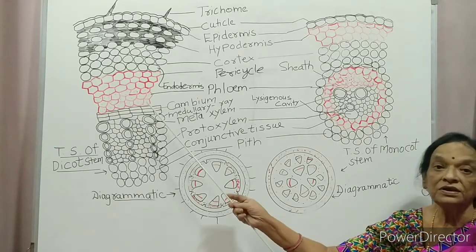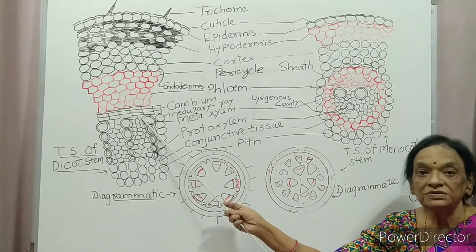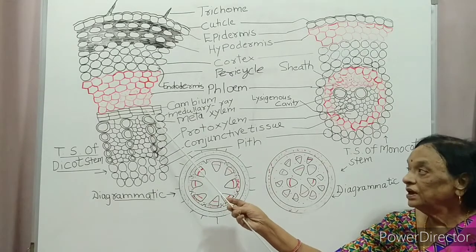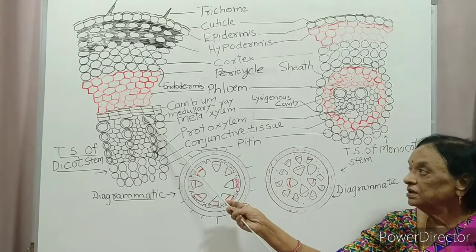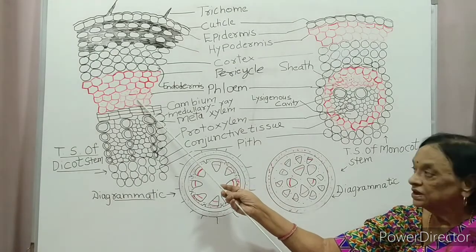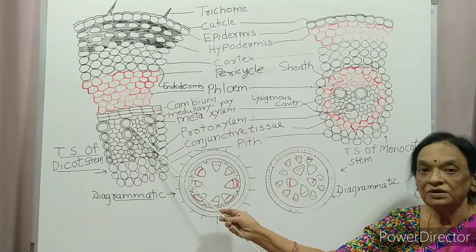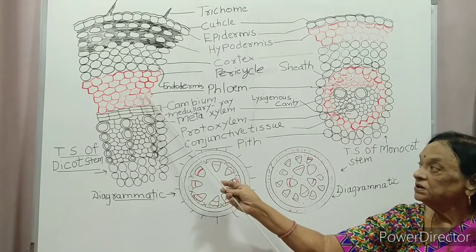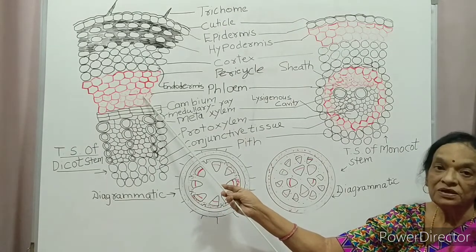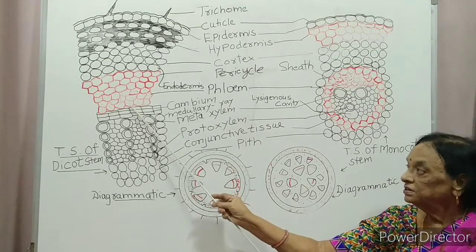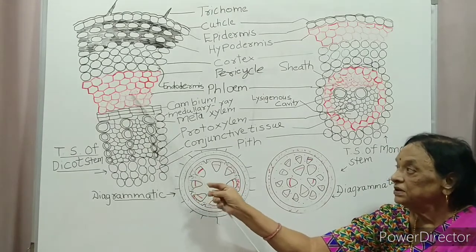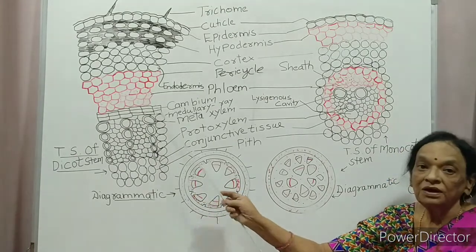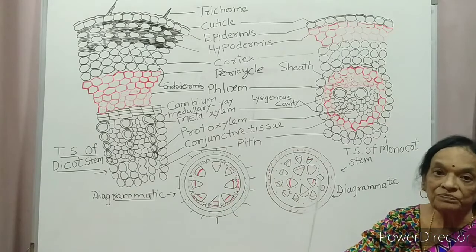Now how does this secondary growth take place in dicot stem? Cambium becomes active. It starts producing more phloem outside and more xylem inside. Now the first formed phloem is called primary phloem, and they are pushed up, and their place is occupied by secondary phloem.